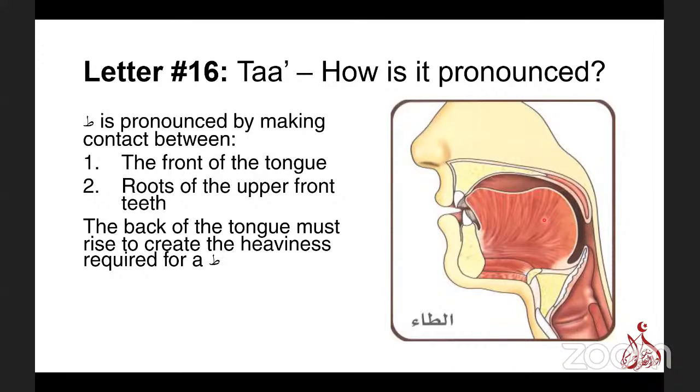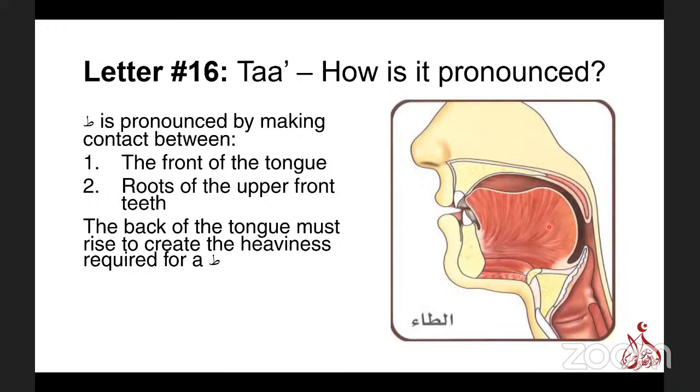This is the case for every single heavy letter: Kha, Sad, Dad, Ghain, Tha, Qaf, and Dha. For all of those heavy letters, the back of the tongue rises to make them heavy. If for any of them the back of the tongue is not rising, the letter's heaviness will be gone. The same thing with the letter Tha: the back of the tongue has to rise to create the heaviness.